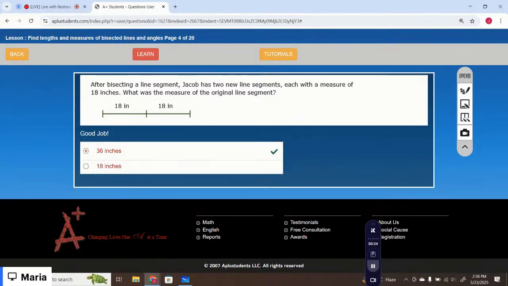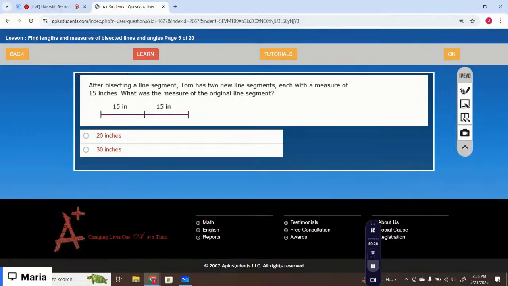Option number 1 is the correct option. After bisecting a line segment, Tom has two new line segments, each with a measure of 15 inches.